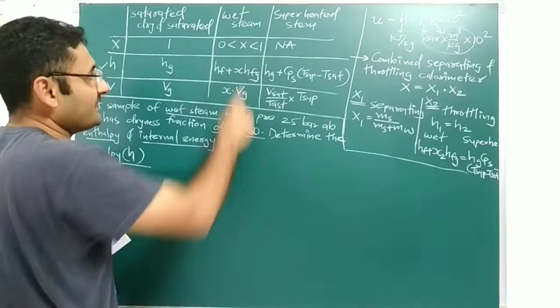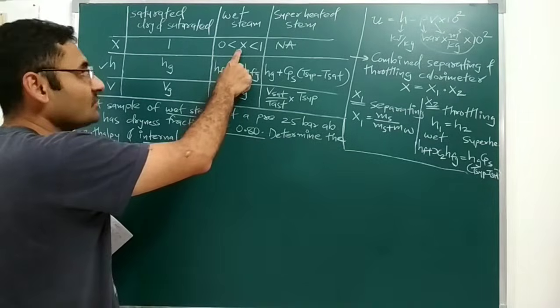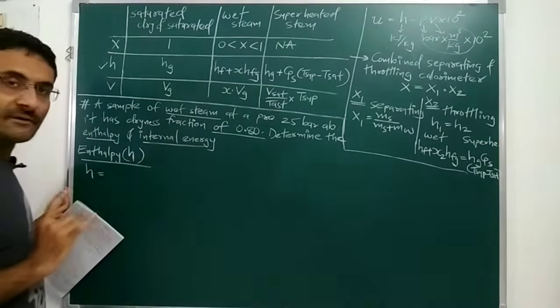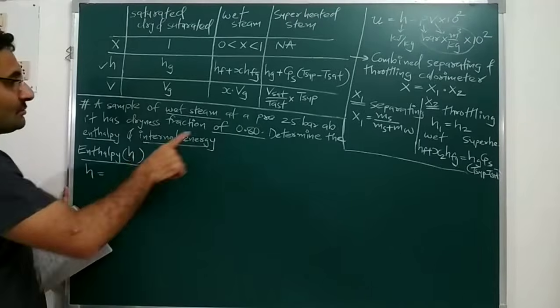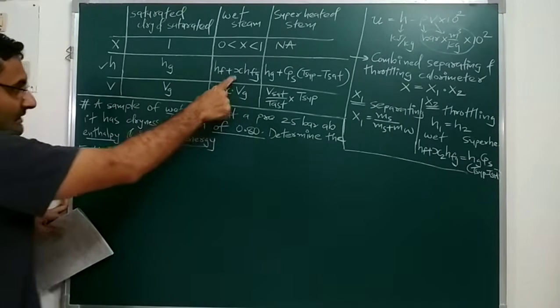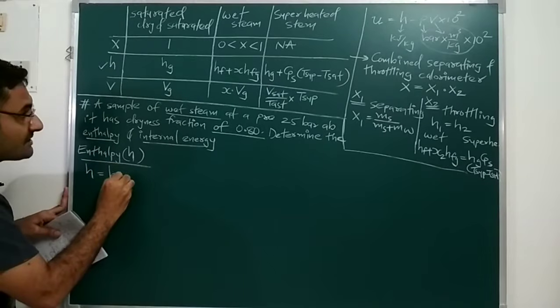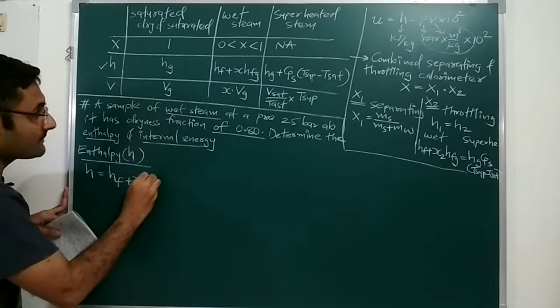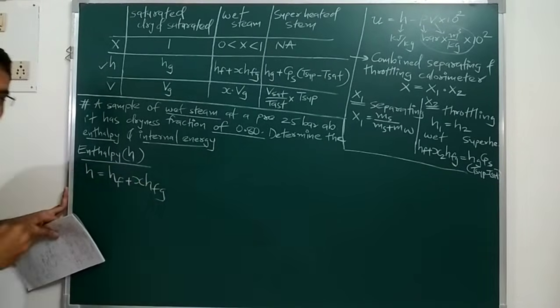So given steam is wet steam, and for finding the enthalpy the useful equation is HF plus x HFG.